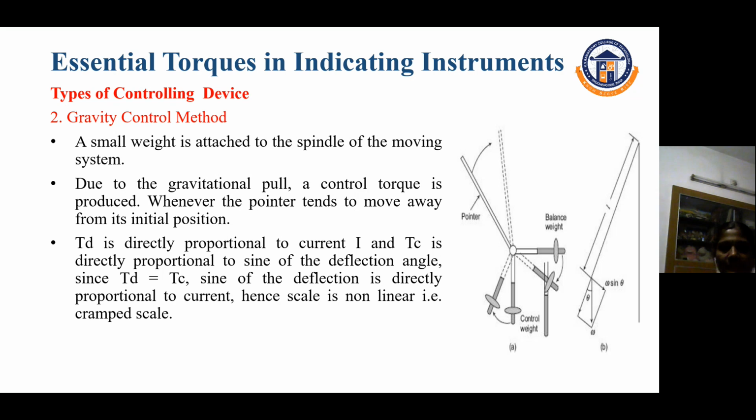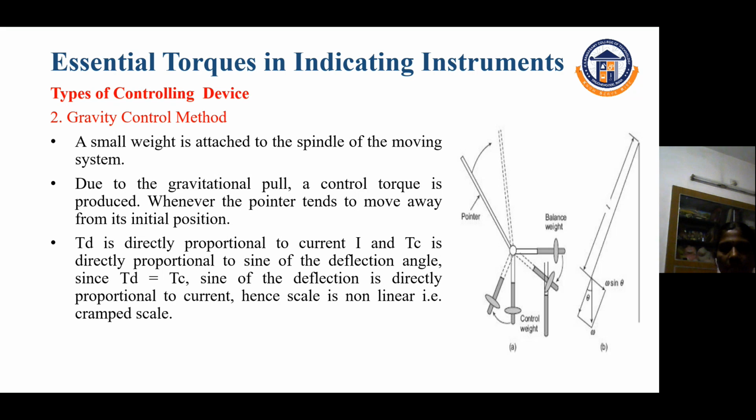A small weight is attached to the spindle of the moving system, and due to the gravitational pull, a control torque is produced and provided whenever the pointer tends to move away from its initial position. The deflecting torque is usually given as T suffix D, and it is directly proportional to the current.